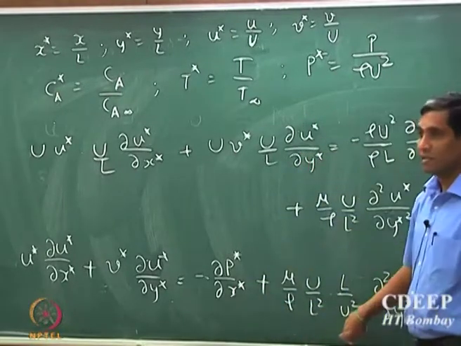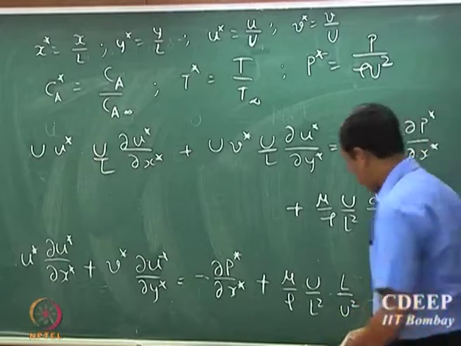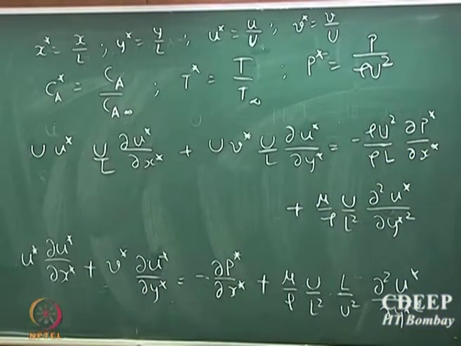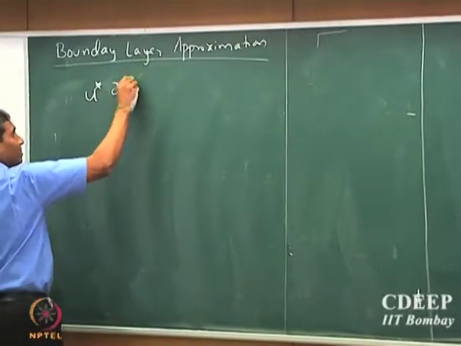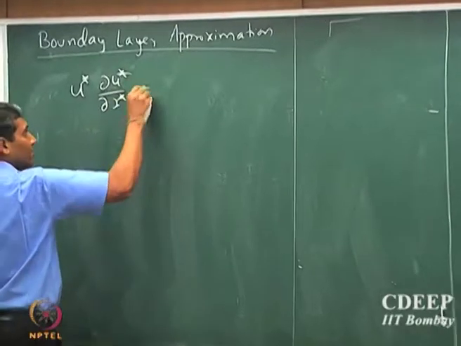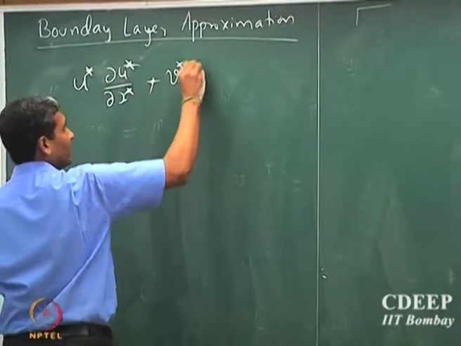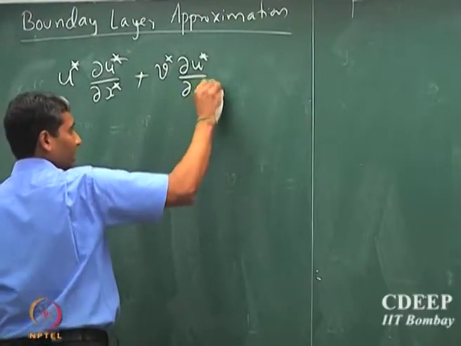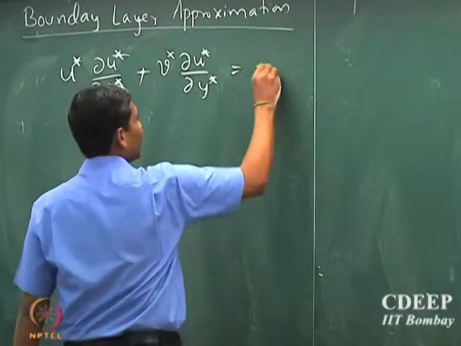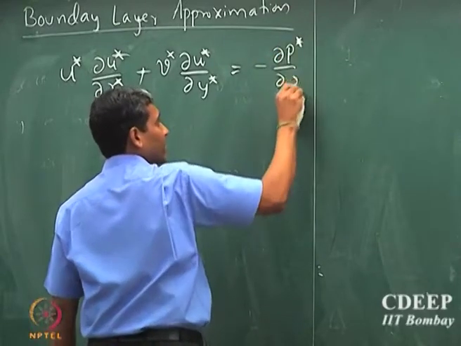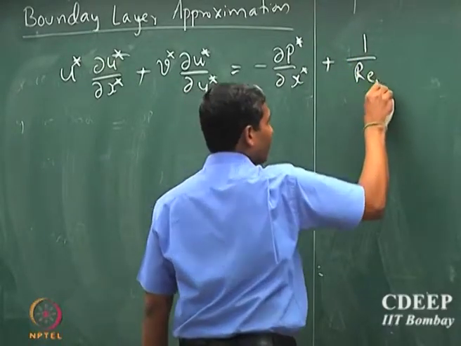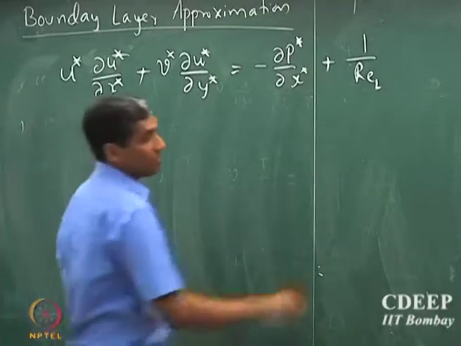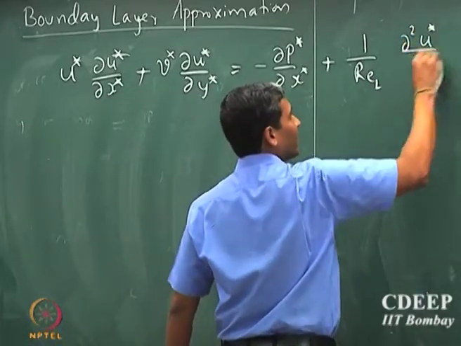What is this term? This is 1 by Reynolds number. So, that will be u star du star by dx star plus v star du star by dy star, that is equal to minus dP star by dx star plus 1 by Reynolds number defined based on the length of the plate, into d square u star by dy star square.